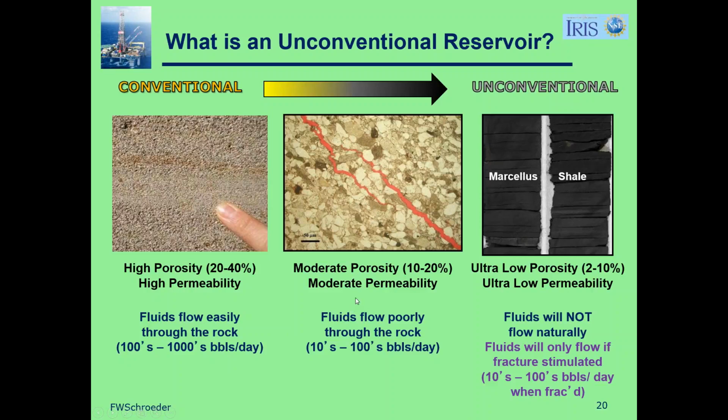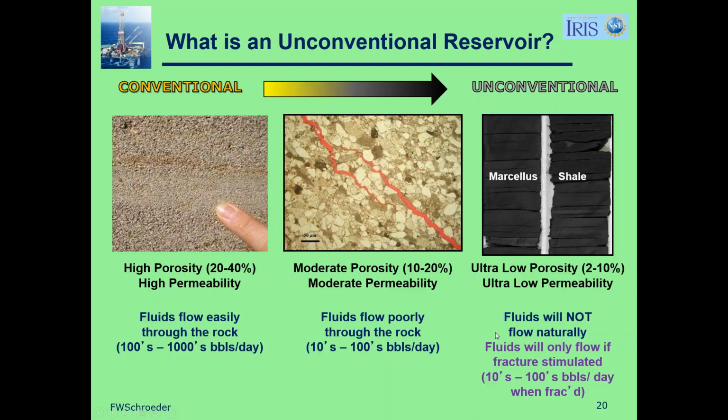and standard pipe. Moderate porosity might be in the range of 10 to 20% with some moderate permeability. A well in this type of reservoir might produce a few tens of barrels to maybe a couple of hundred barrels a day. And on the right, this is a slide with the example from a Marcellus shale up in the northeast United States. Ultra low porosity, 2 to 10%, and ultra low permeability.